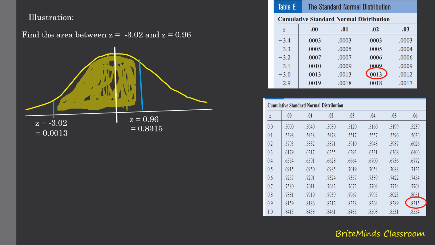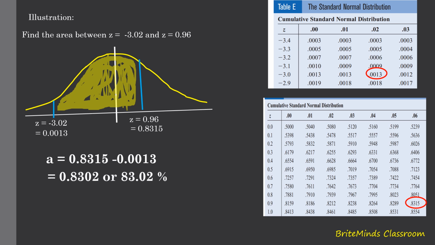According to our procedure table, we will subtract the smaller value from the larger value. So 0.8315 minus 0.0013. The shaded area is 0.8302 or 83.02%.